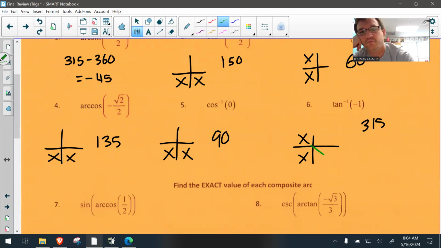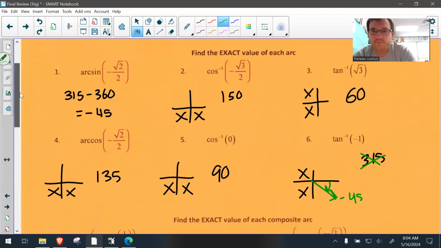So that angle goes right here. This is a negative 45-degree angle. That should do it on this section. Let's write this one in here as well: negative 45.